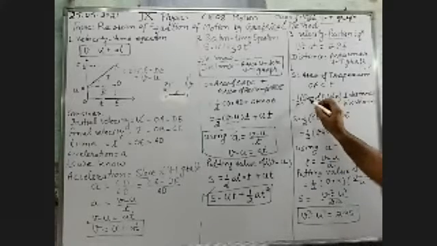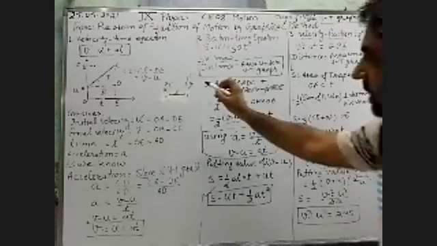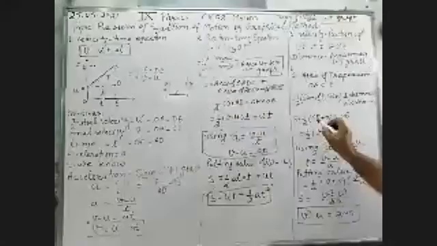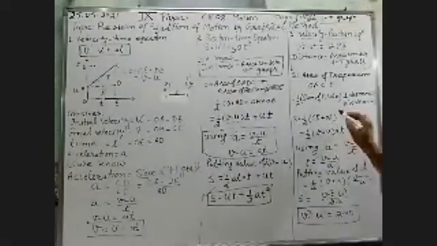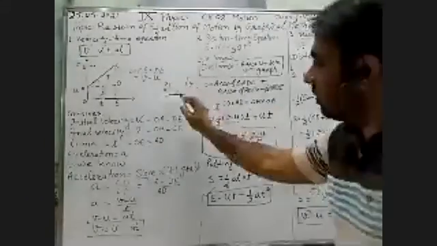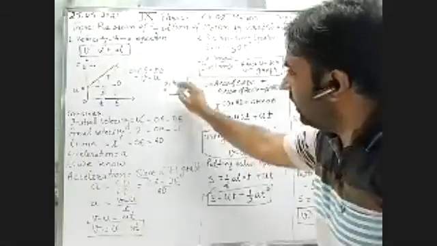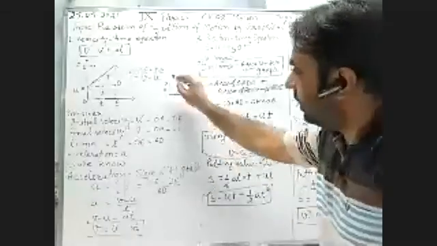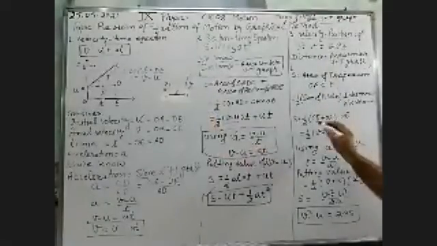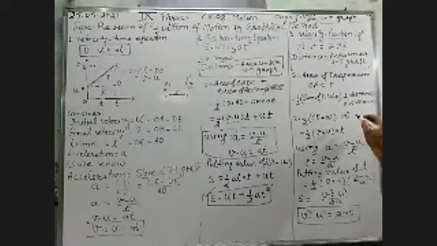Sum of parallel sides means CE plus OA, multiplied by the perpendicular distance OE. Putting the values, CE is the final velocity V, OA is the initial velocity U, multiplied by OE, and OE is T.